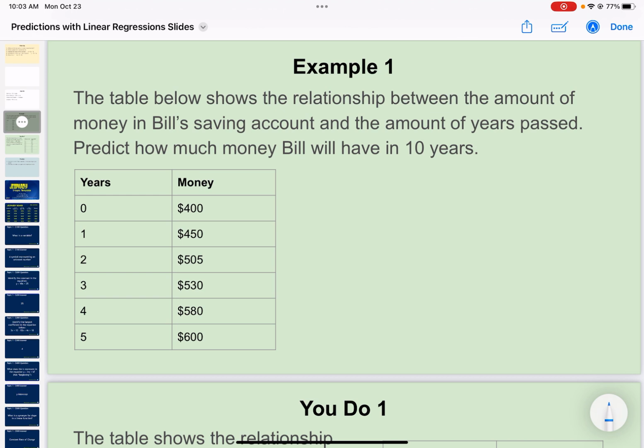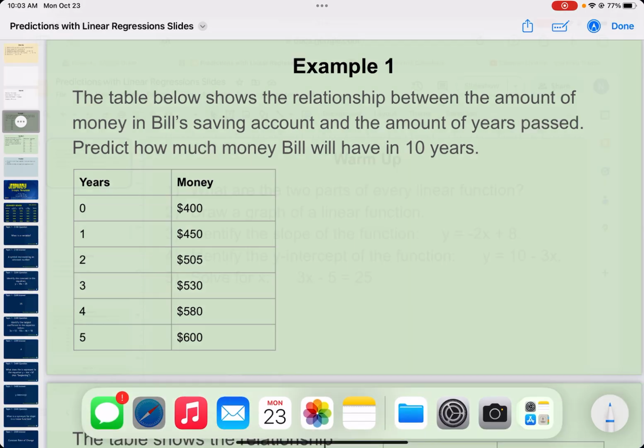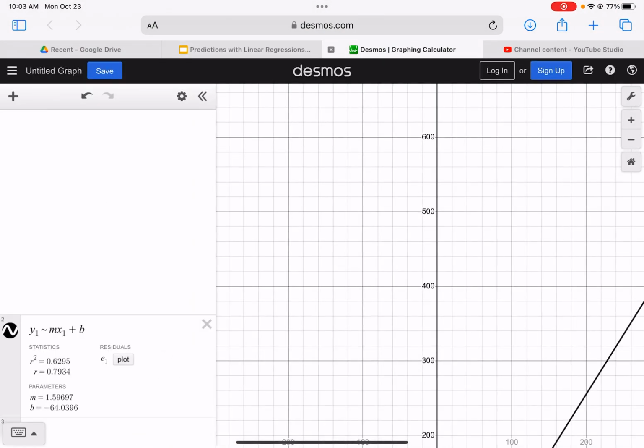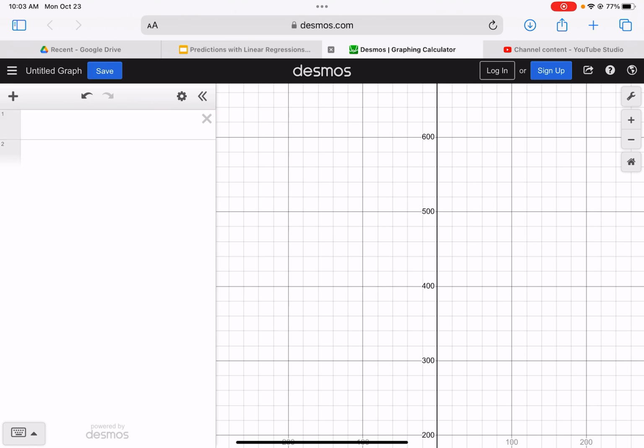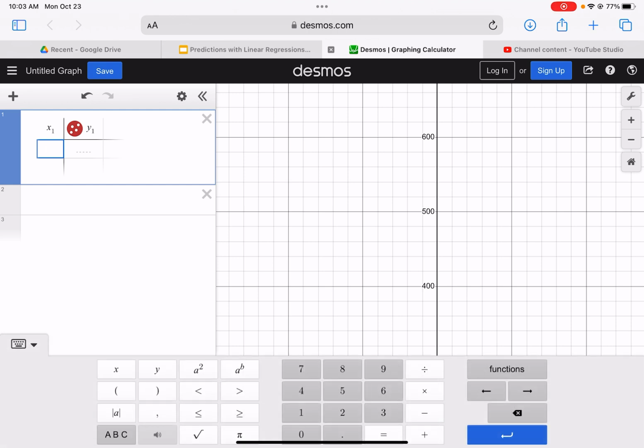So to make this prediction, we need to plug this data into Desmos. So let's start there. I'm going to open Desmos, clear out any data that I have from anything else, enter in a table, and you can do this with me quickly. After 0 years, Bill has $400.